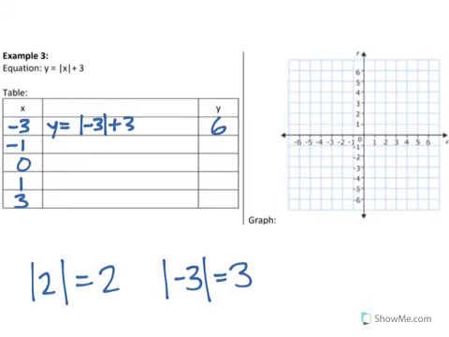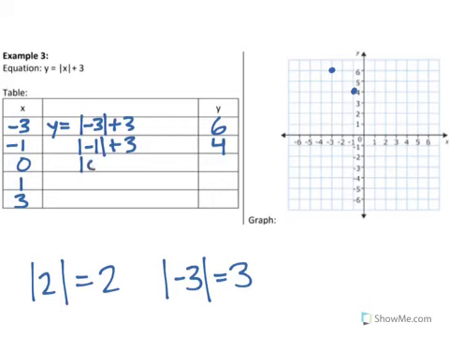So we have a point at negative 3, positive 6, which is right there. Now we're going to do absolute value of negative 1. What happens if we turn negative 1 positive? That goes to positive 1, plus 3 is 4. So we have a point at negative 1, positive 4, which is right there.